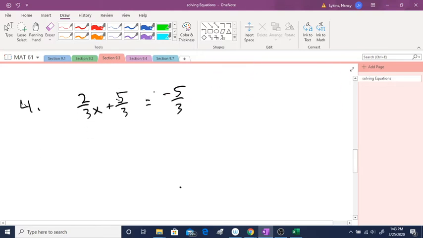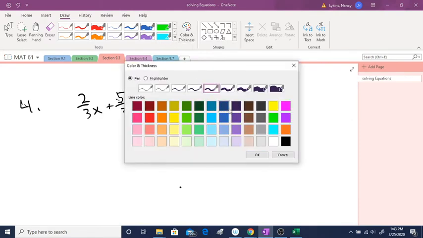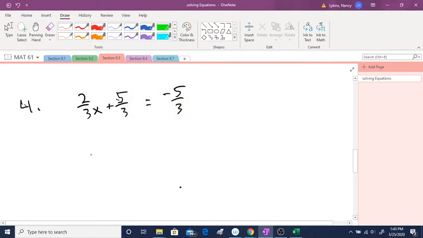So my rule of thumb is this. If you have the same denominator, which is 3, we basically can just ignore it. It's a whole other lesson why, I can't explain it here, but just trust me, you can just treat this as 2x plus 5 equals negative 5.